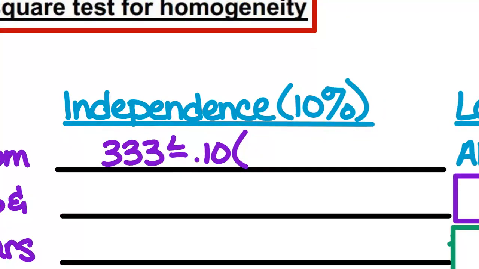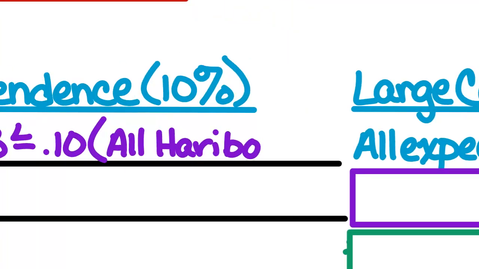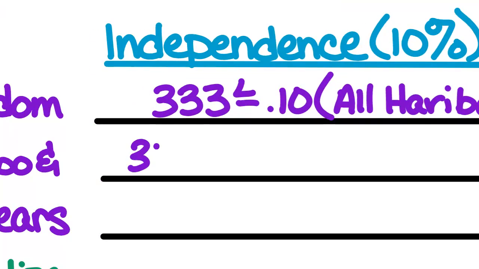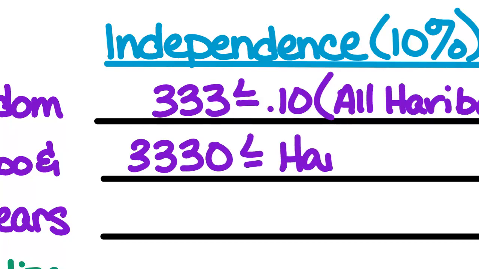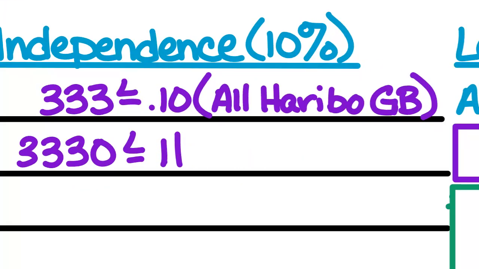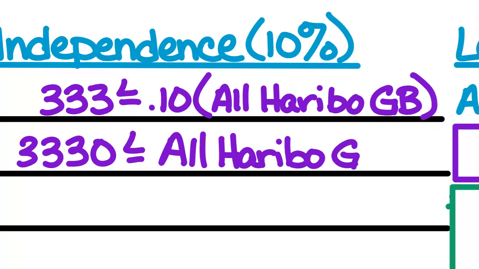Yes, is less than or equal to 0.10 of all Haribo gummy bears. I'm going to use GB for gummy bears if that's okay. So there has to be at least 3,330 Haribo gummy bears. Do you think that's a pretty safe assumption?